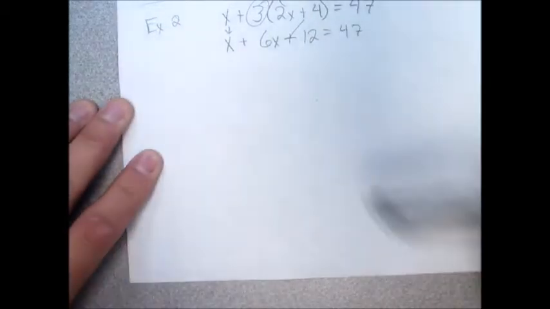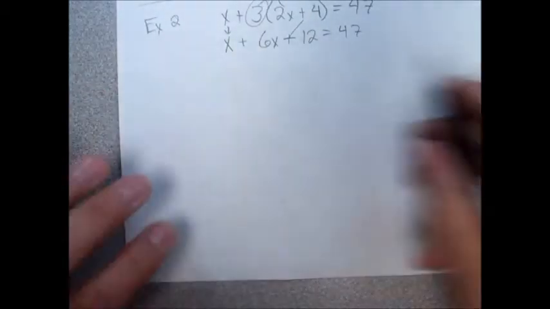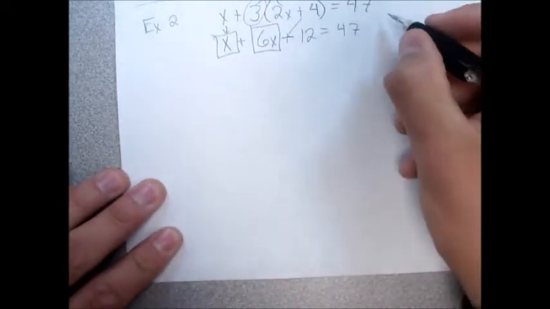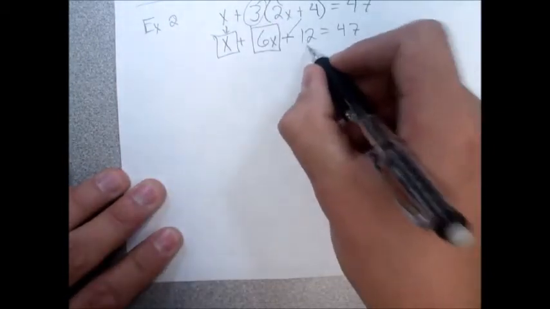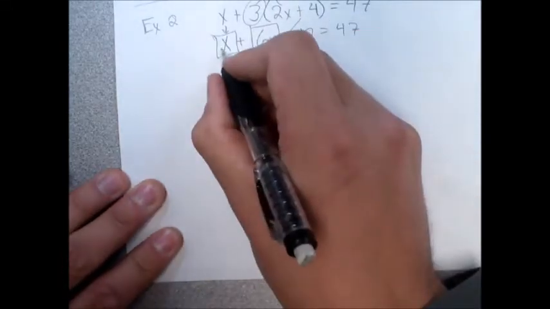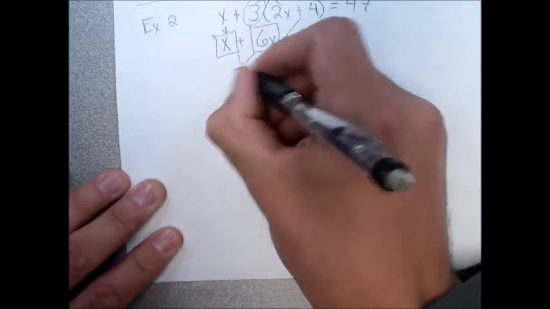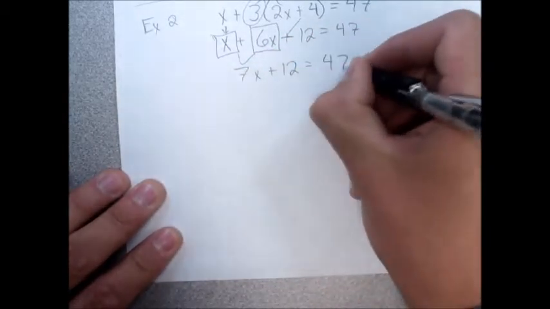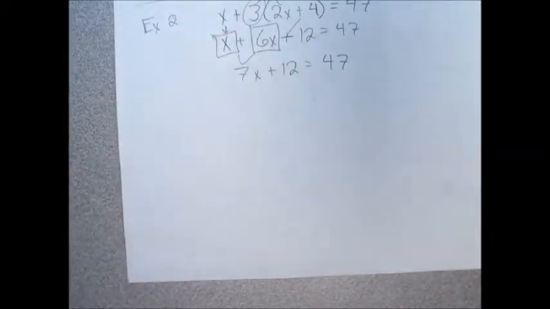Okay. Now I have a problem that I need to combine some like terms. I have x's, same last name, so I can combine those, and I have nothing else that goes with that 12, so I'm just going to leave it alone. Combining those, I have a 1x and a 6x will give me 7x's plus 12 equals 47. Now I can start solving like we've been doing.